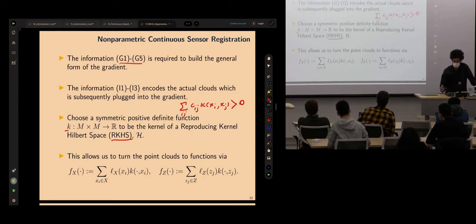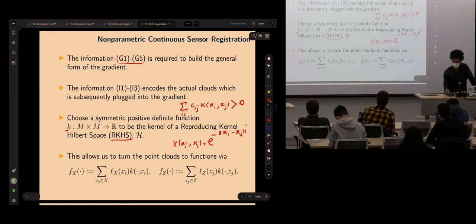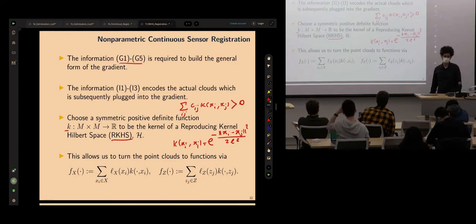Now, if your kernel is Gaussian kernel, some length scale, of course, it's always positive. The coefficients, they don't have to be positive in general, but let's say if they are positive, well, it's always satisfied.